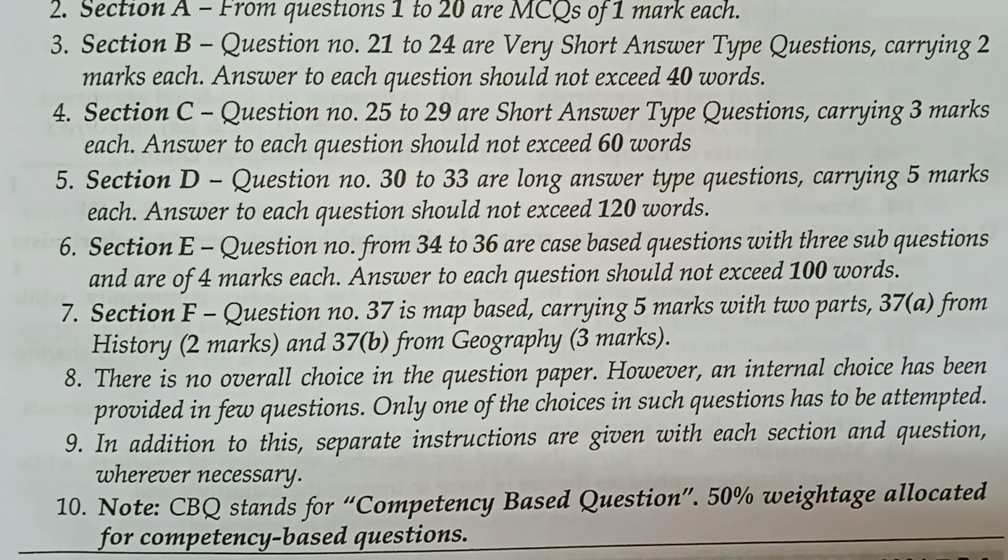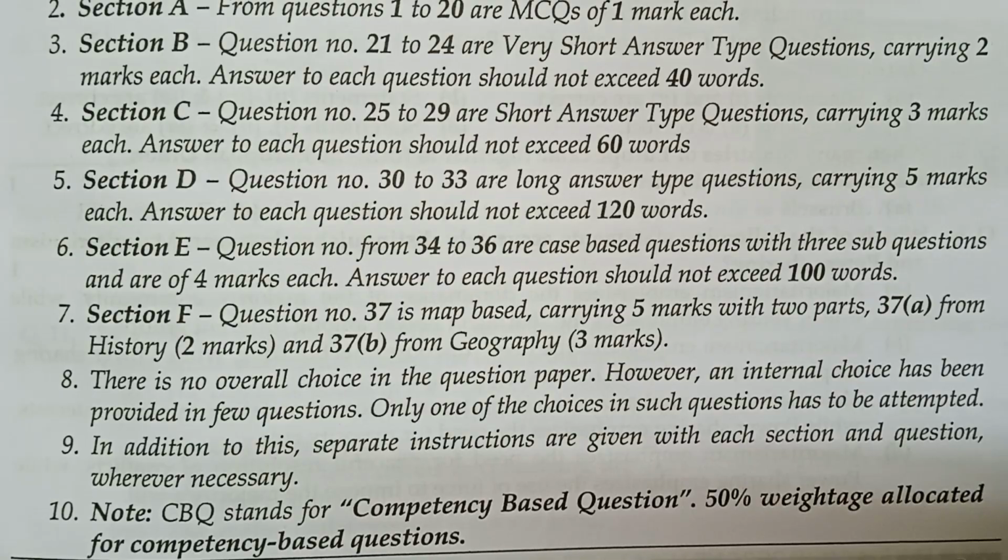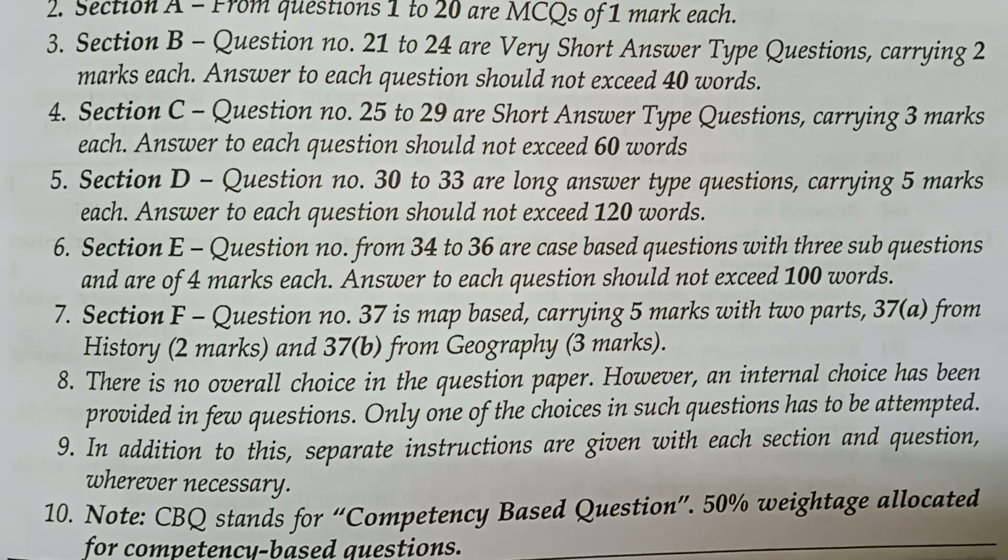Now come to note: CBQ means competency based questions. 50% weightage is allocated to competency based questions. So before starting any question paper, you must read these general instructions. General instructions are really very important. It's the current pattern, so this will be really very helpful for your board examination.